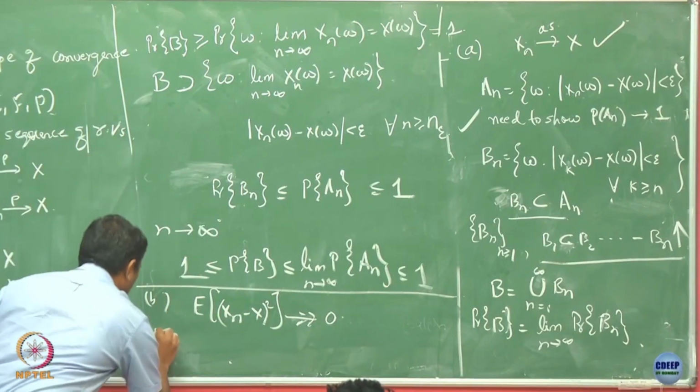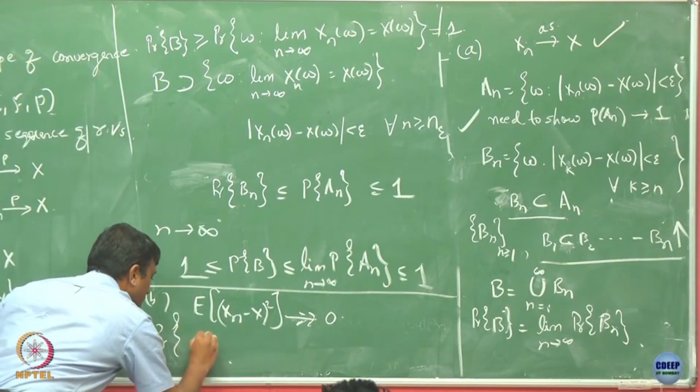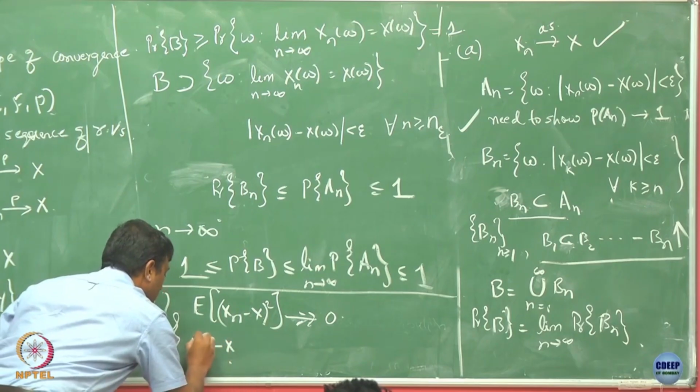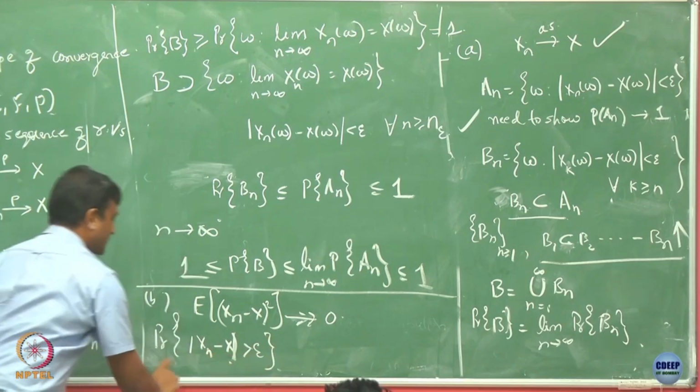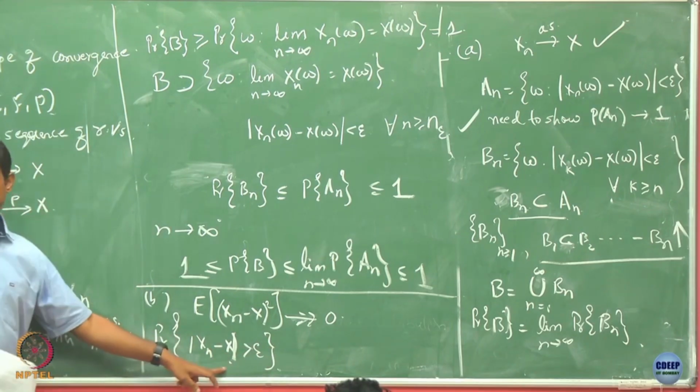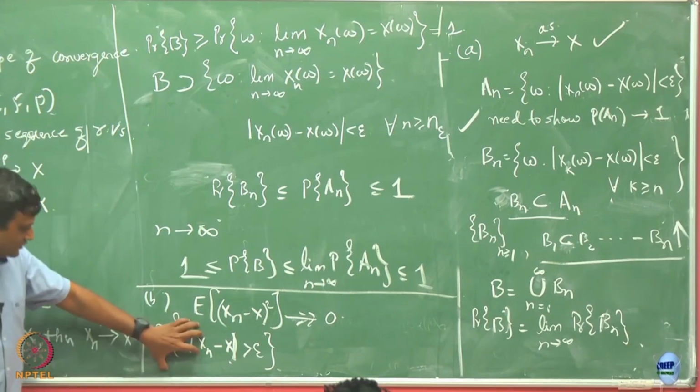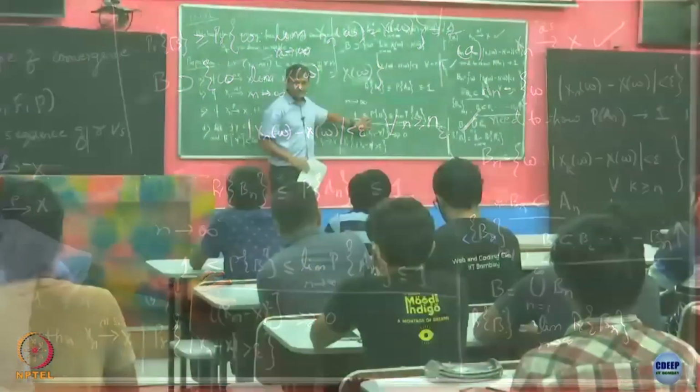Now what do I want? I want to say something about this, because this quantity is related to convergence in probability, right? So how can I write this quantity in terms of the expectation?